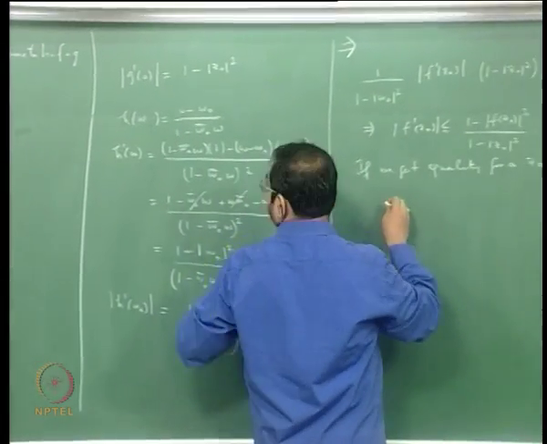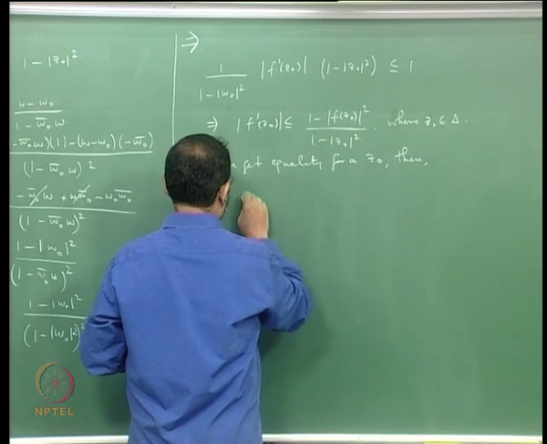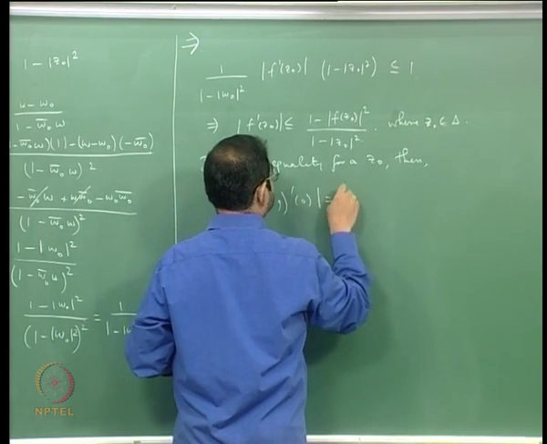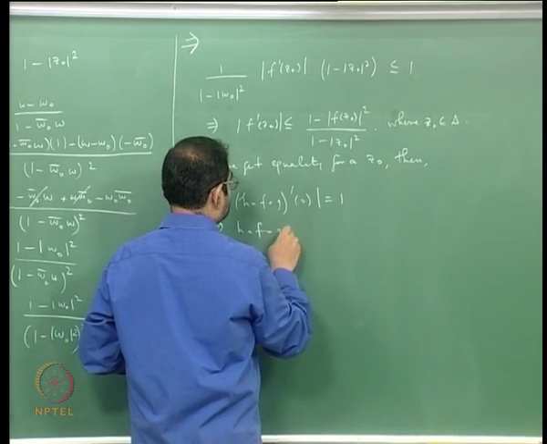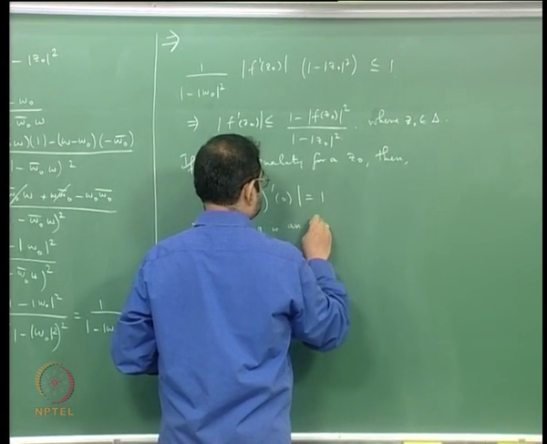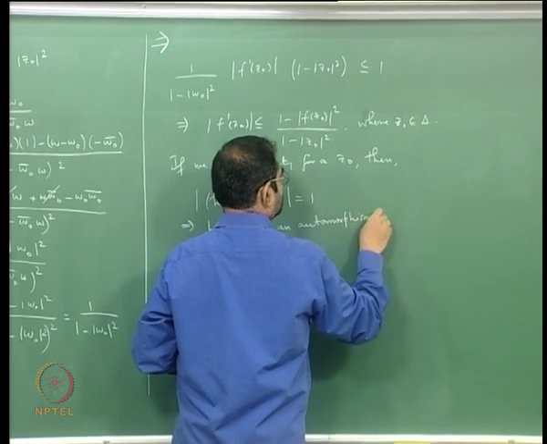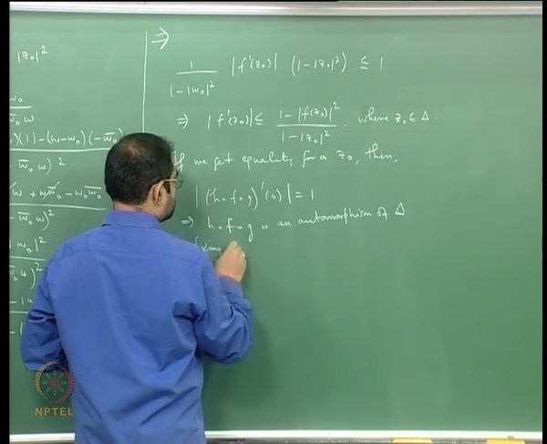So if I write that out, the derivative of h circle f circle g at 0 is equal to 1, which implies h circle f circle g is an automorphism of delta fixing 0, fixing the origin.